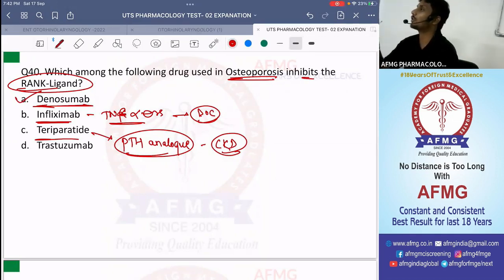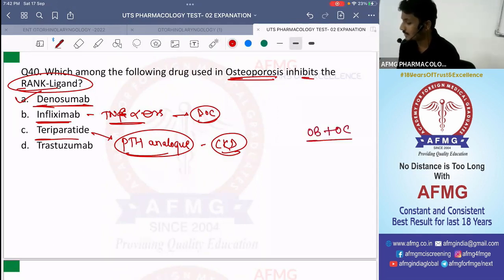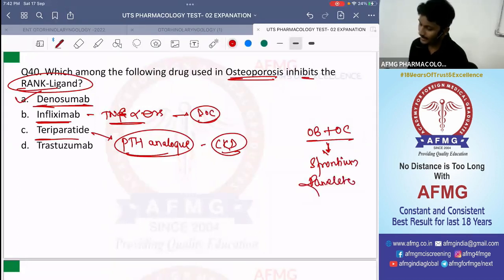Low dose parathormone will cause bone formation because it will only activate osteoblasts and not osteoclasts. The drug for osteoporosis which activates both osteoblasts plus osteoclasts are low dose PTH और strontium ranelate. It is strontium ranelate.